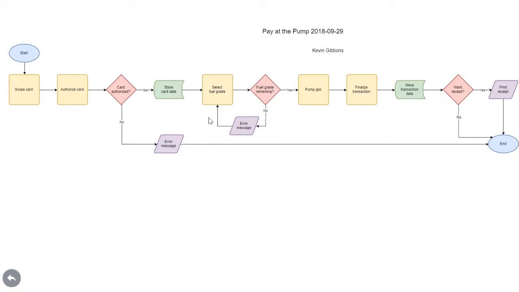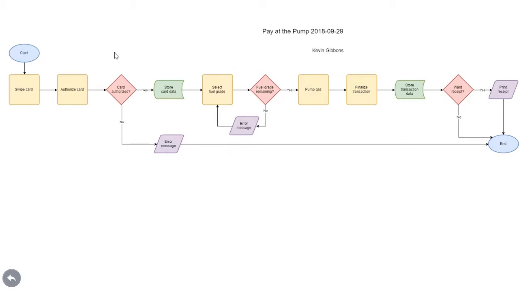If not, you get an error message and then select another fuel grade. After that, you pump gas and finalize the transaction. Once that's done, the transaction data is stored in the system. Then it asks if you want a receipt, and if you do, it prints your receipt and you're done. If the card is not authorized, you get an error message and then you're done.